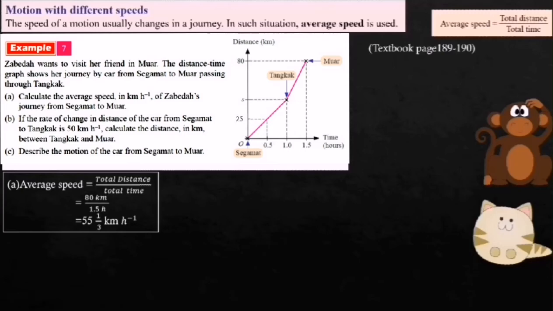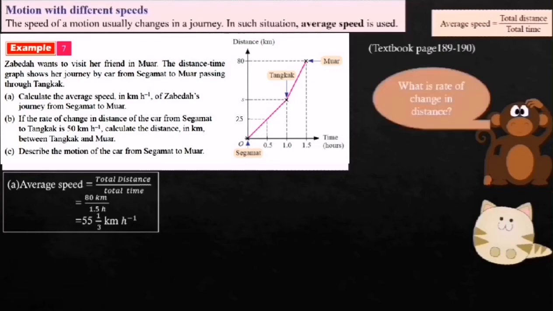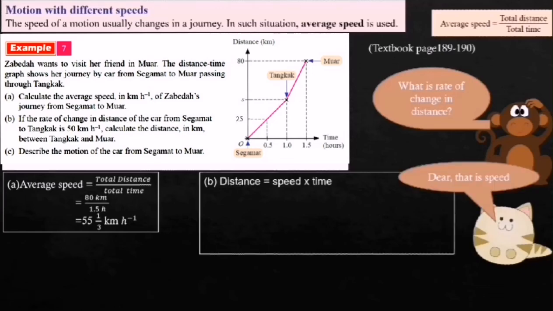B. If the rate of change in distance of the car from Segamat to Tangkak is 50 km per hour, calculate the distance in kilometer between Tangkak and Muar. What is rate of change in distance? That is speed. Now we want to find the distance Tangkak from Segamat.